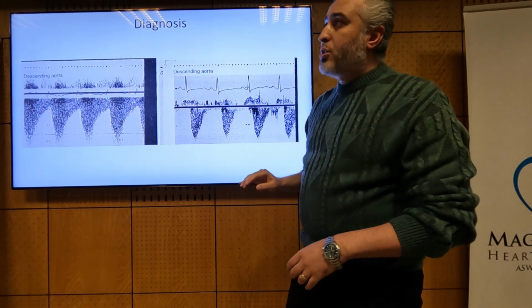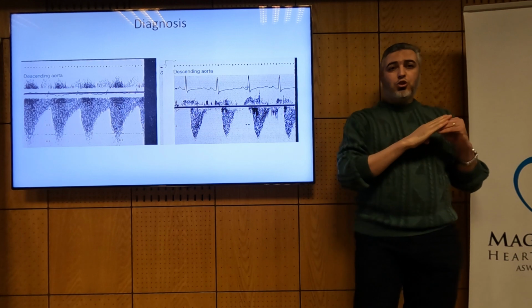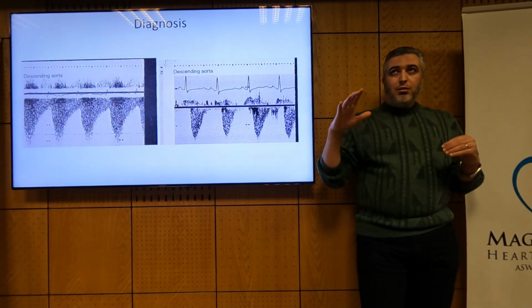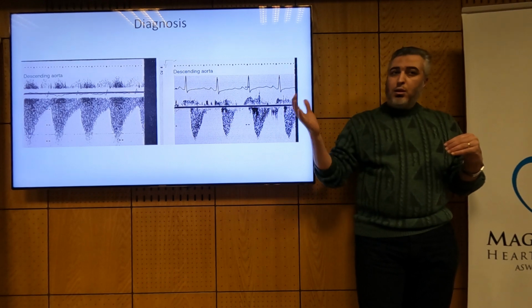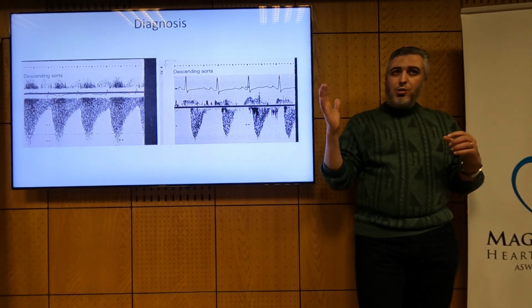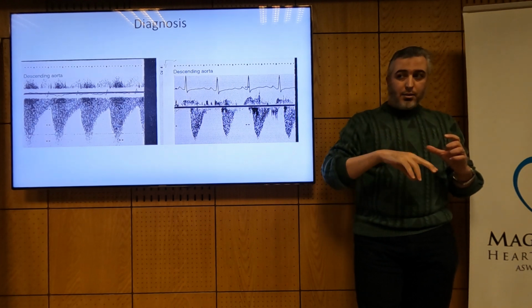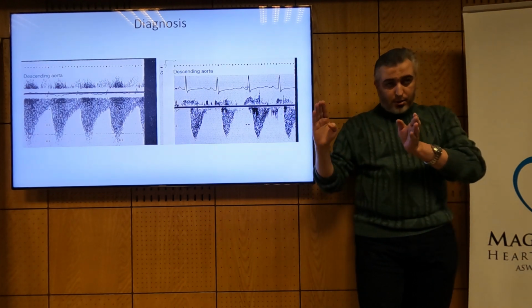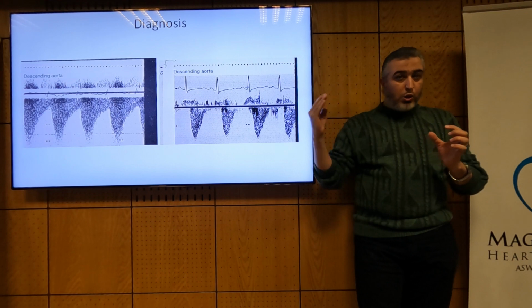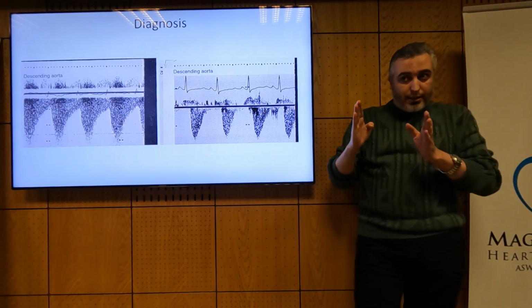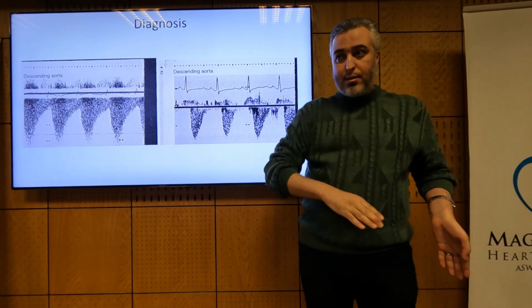On the other hand, if a patient has a fixed obstruction at the distal arch, then during systole, the blood struggles to pass this obstruction. And then still during diastole, blood will continue moving from the ascending to the descending aorta because the pressure in the ascending is still higher than the descending.